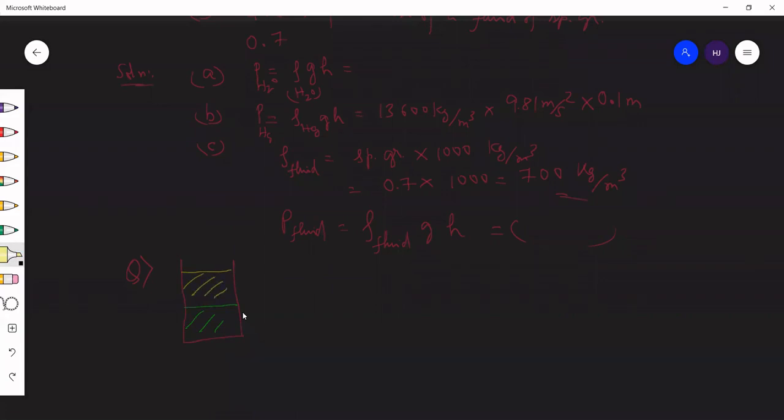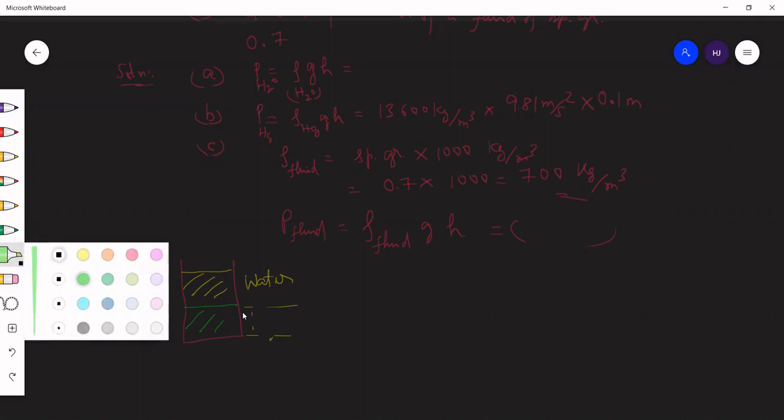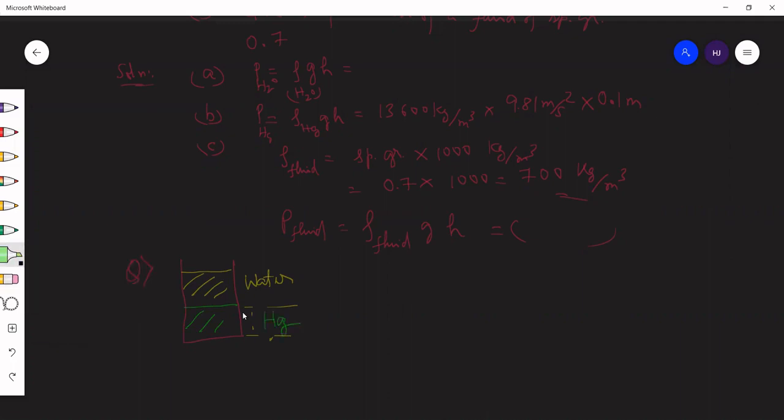Yellow one is water and this one is mercury. Fine. Now you are asked to find, this is 2 meter height, and now you are asked to find the pressure at the bottom of the tank. You are asked to find what is the pressure at the bottom.